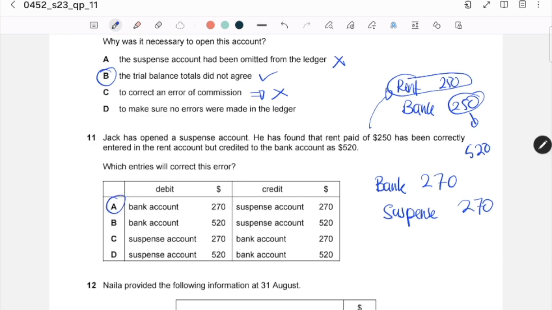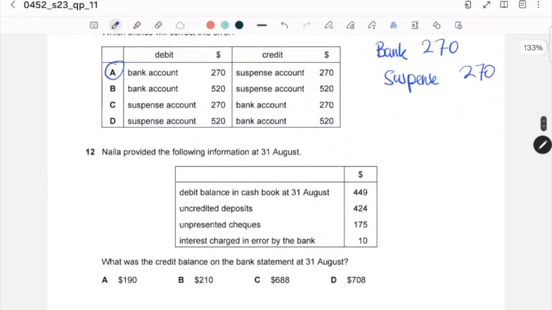Yes. Quickly, number 12. Nala provides the following information on 31 August. The question is, what was the credit balance on the bank statement?